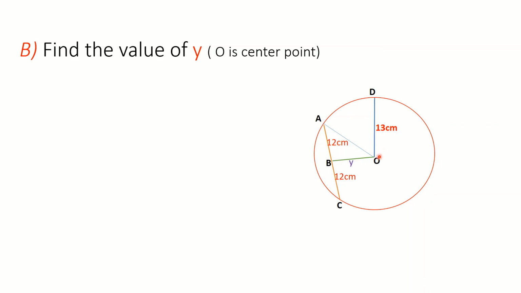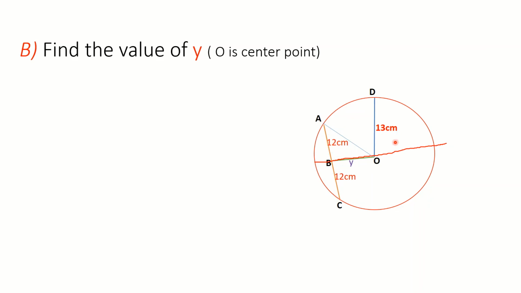Remember, the diameter which is passing through the center, which means if you carefully draw the diameter, this is the diameter passing through the center, at the same time bisecting AC, because this is 12, this is 12.